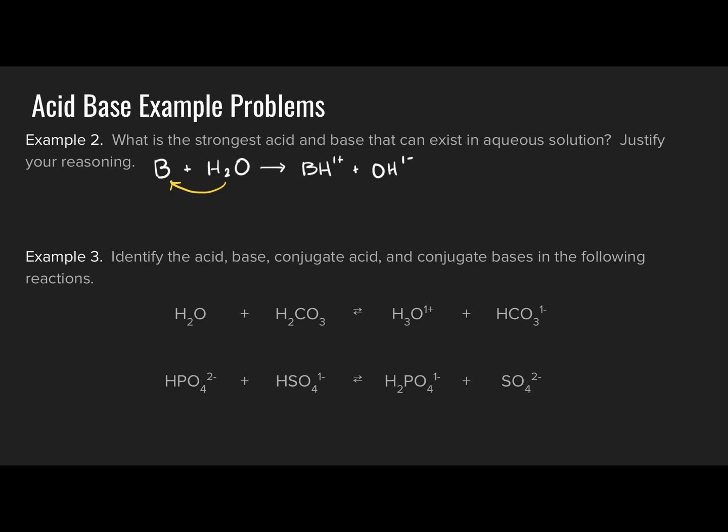Now, that hydroxide ion we happen to know is itself a strong base, and long story short, any base stronger than hydroxide in solution will effectively pull hydrogens off of water, thus forming hydroxide, implying that the strongest base that could possibly exist within the solution would be the hydroxide ion itself.